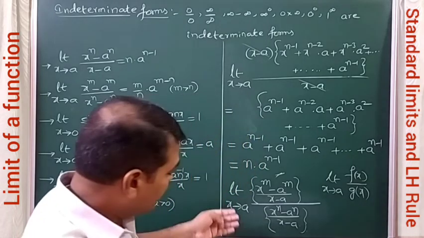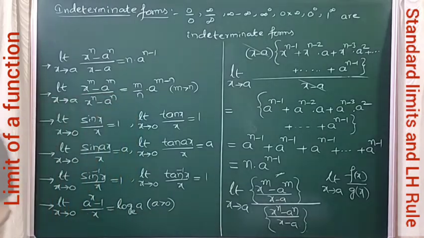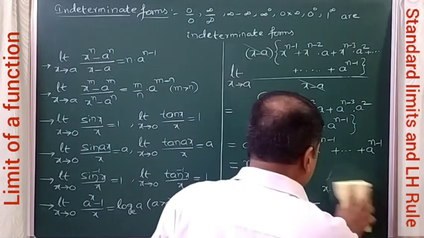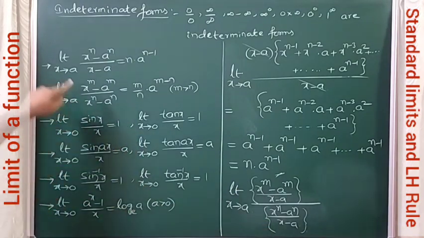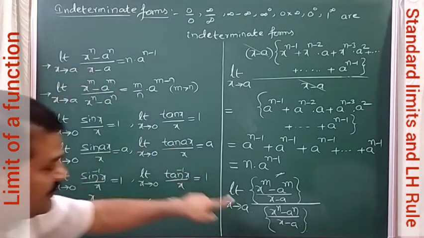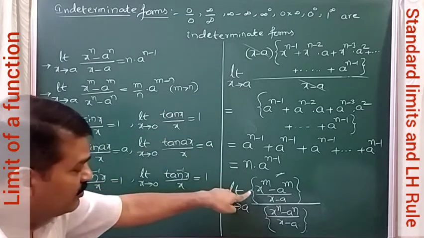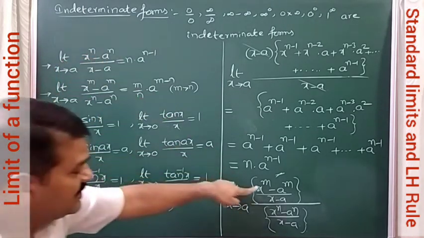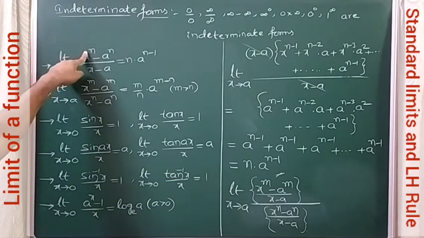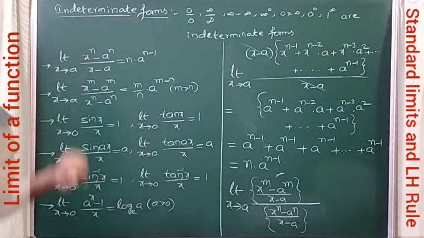So when you are separating the limit for numerator and denominator, this standard formula you will get. For denominator, exactly this formula you can apply. For numerator, this formula application where you have m in place of n. So separate limit for numerator and denominator, apply this formula.